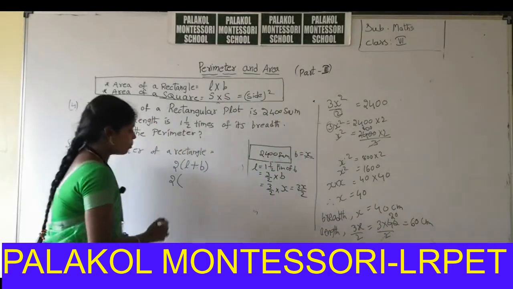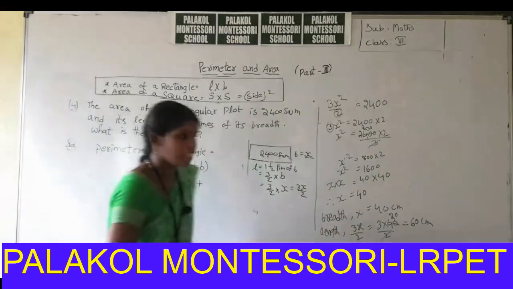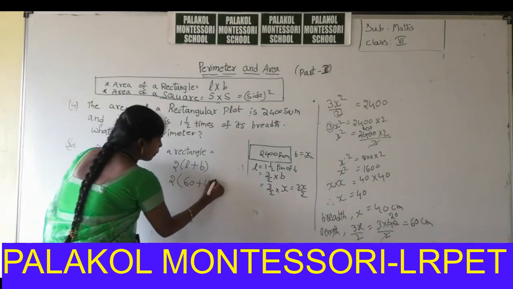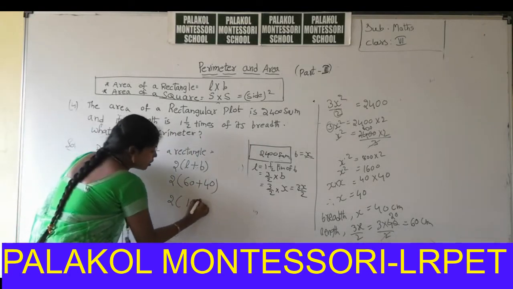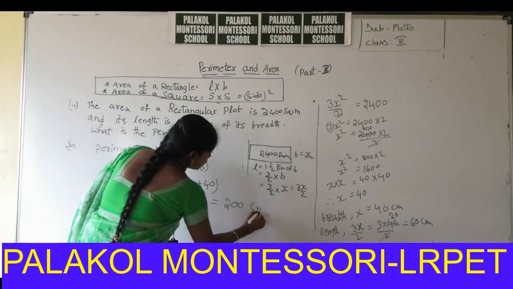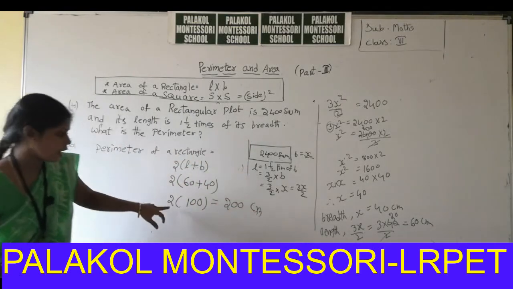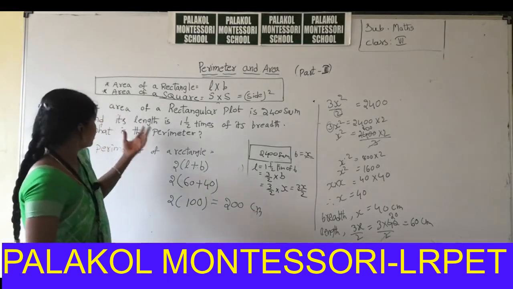Length is equal to 60 centimeters plus, what is the breadth? 40 centimeters. So 2 into 60 plus 40, 100. So 2 into 100, 200 centimeters. So the perimeter of the rectangle is equal to 200 centimeters.